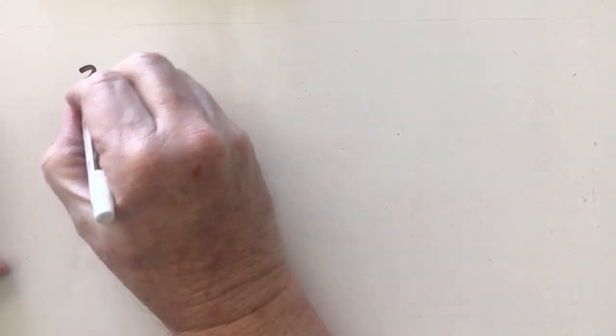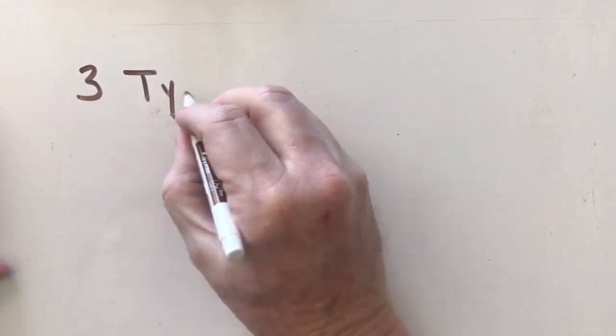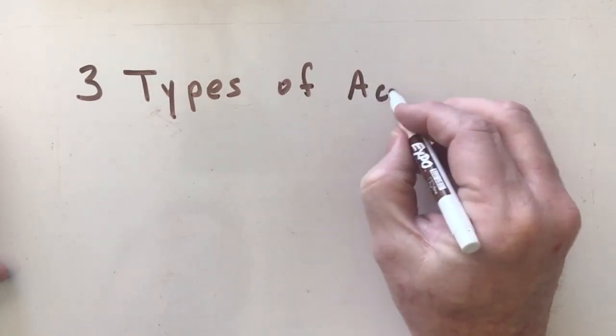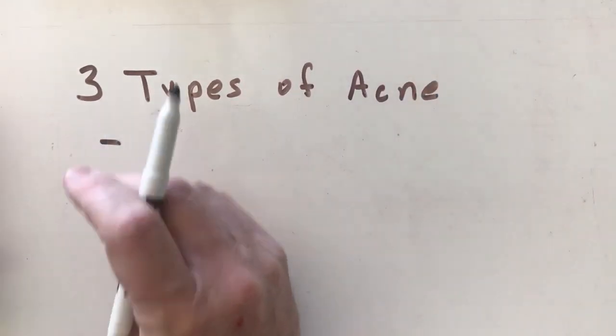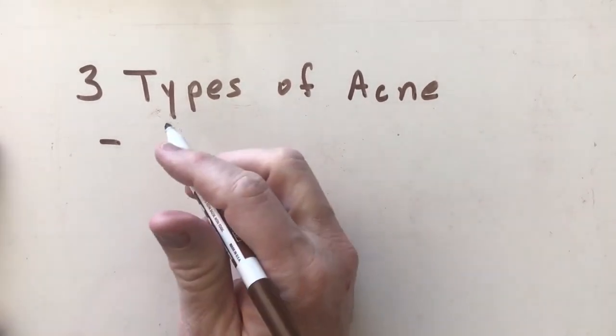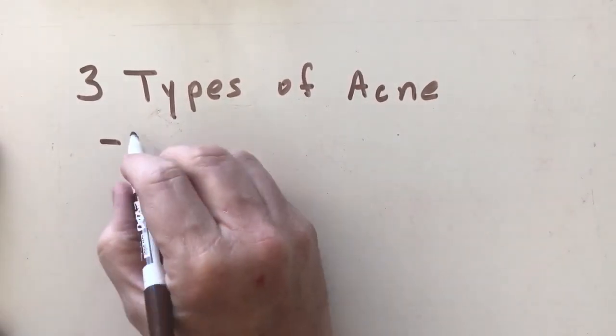So the 3 types of acne that we are going to talk about are comedonal acne. This one's really easy. This is just mild acne that people get every day.